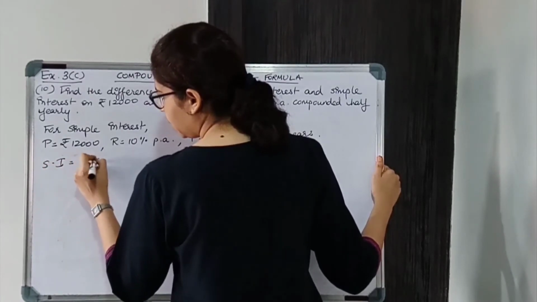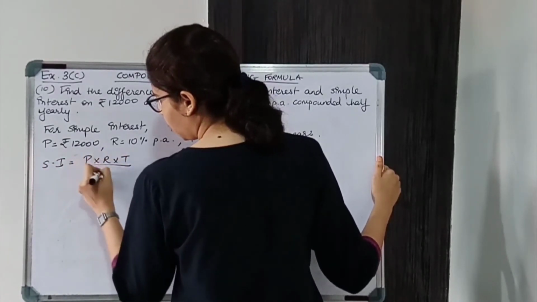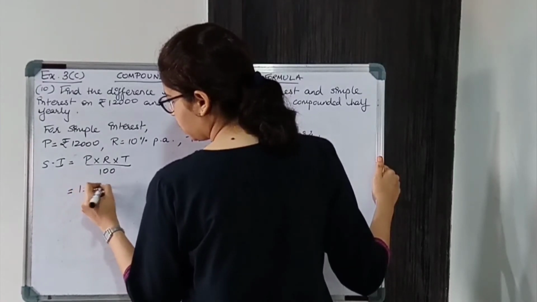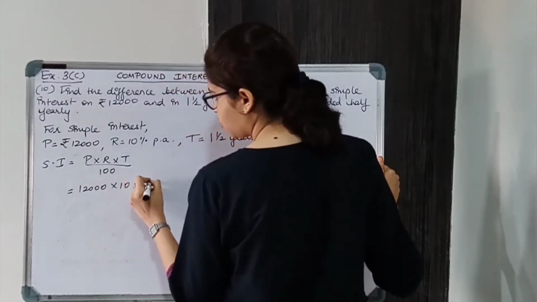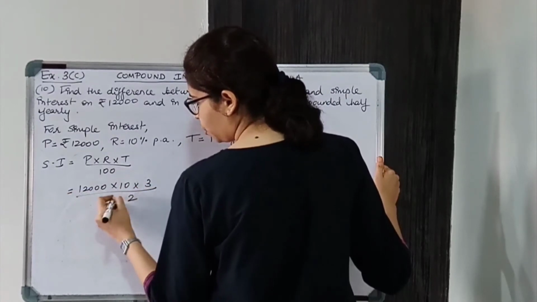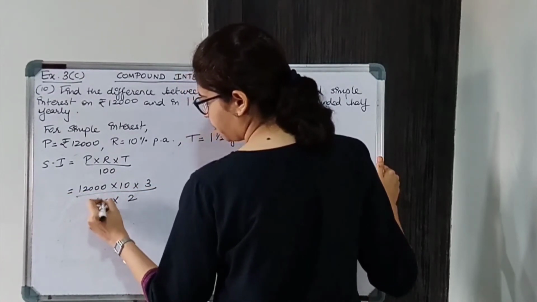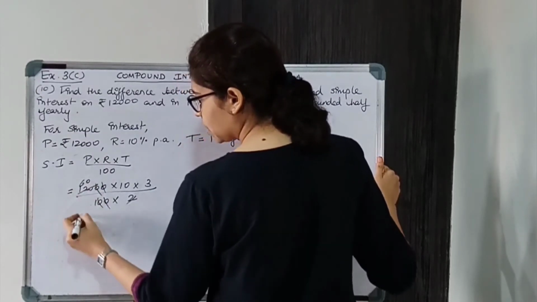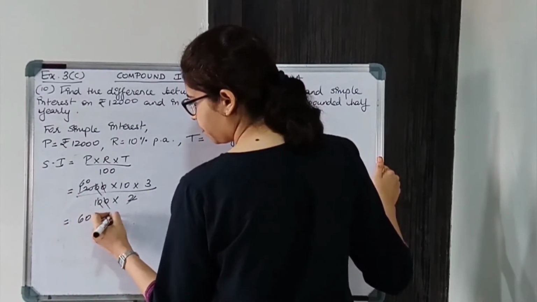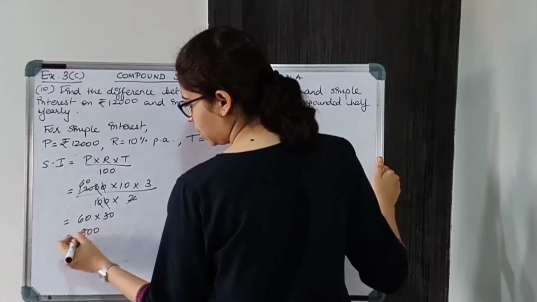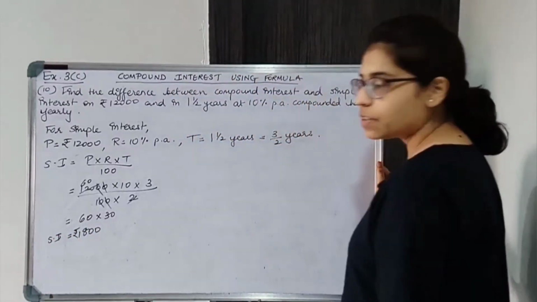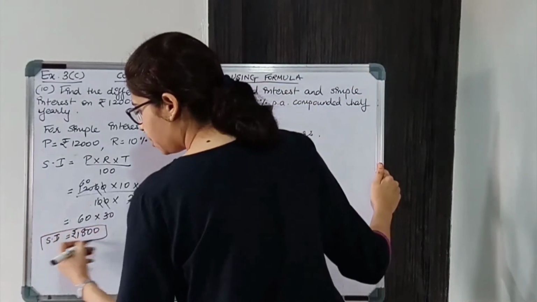So it is P into R into T upon 100. So this will give 12,000 into 10 into 3 upon 2, and here there is 100. So 60 into 30, again 1800. So simple interest we found, it is 1800.